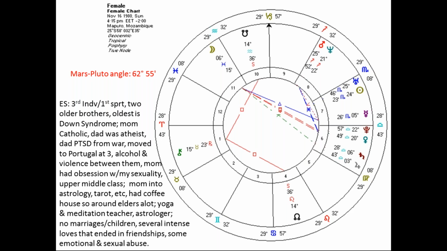I read in the transcriptions from Jeff Green about Mars in the 8th house, and I identified a lot with that absolute freedom that Mars in the 8th house or in the 1st house has.